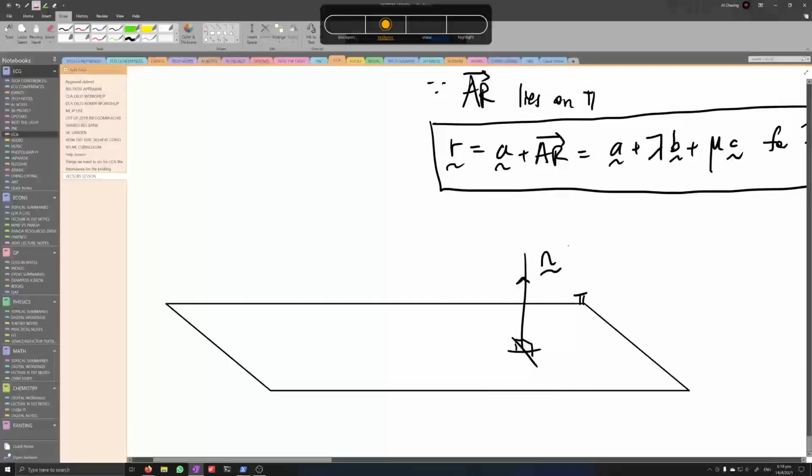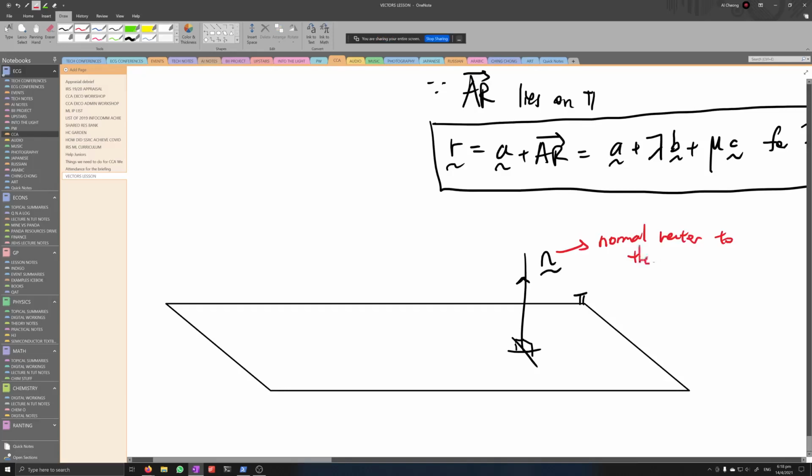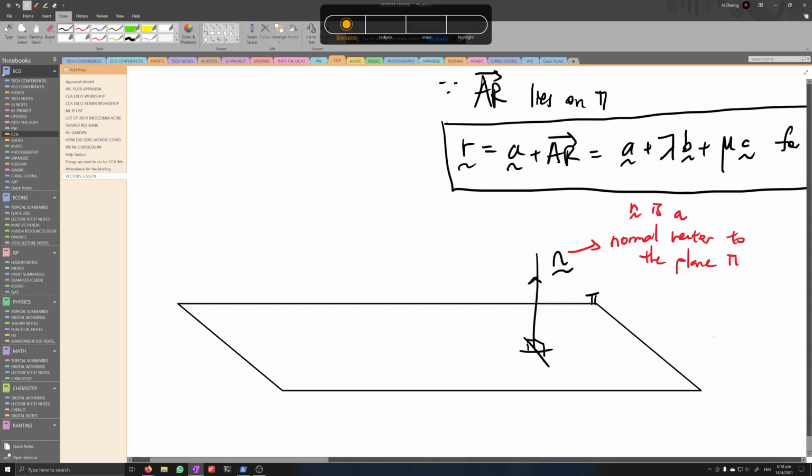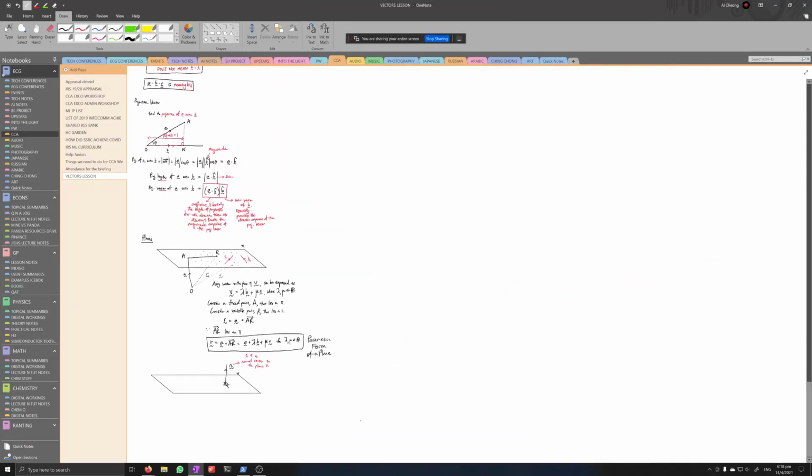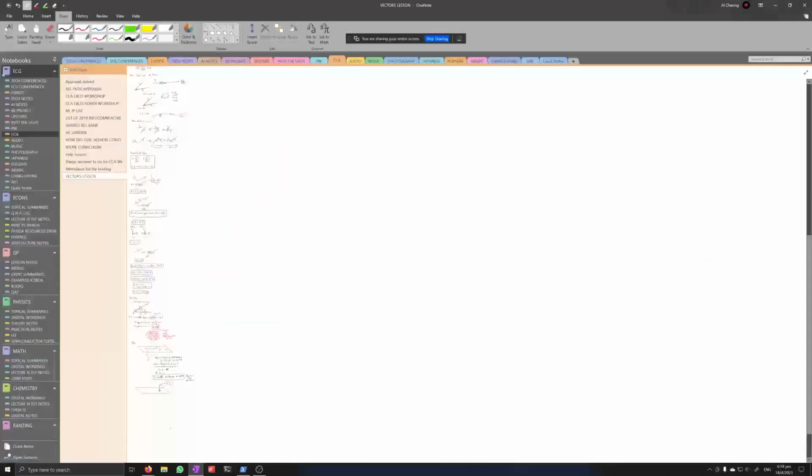So we call this a normal vector to the plane. N is a normal vector to the plane pi. Okay. Then just make the canvas bigger again.